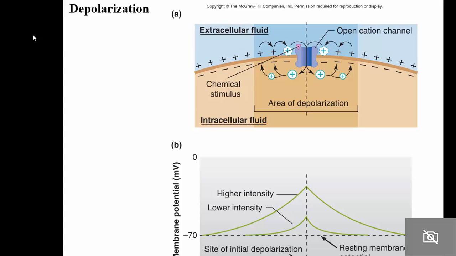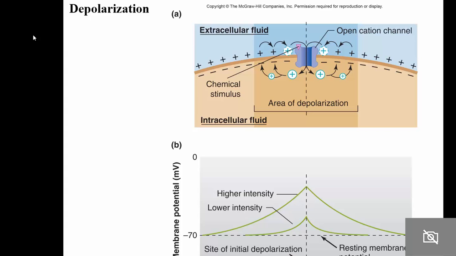Okay. So if you look at it here, right, you have the site of the initial depolarization being in the middle. As you go further and further away, what happens to the resting membrane potential? Or the depolarization, it decreases.